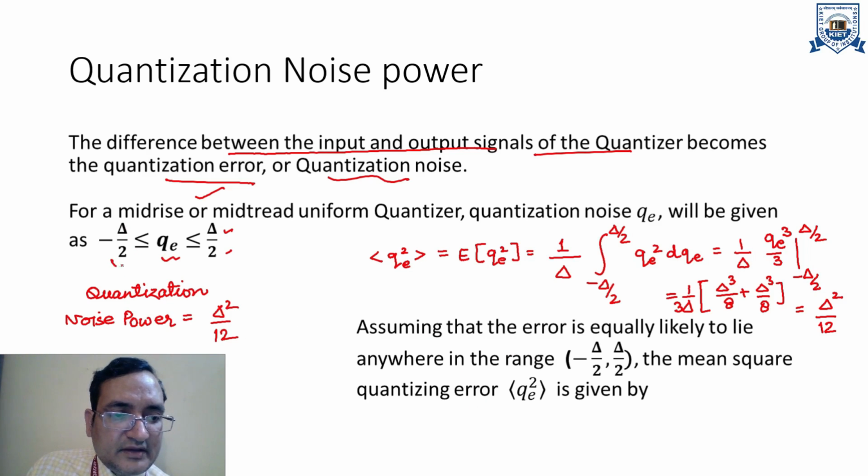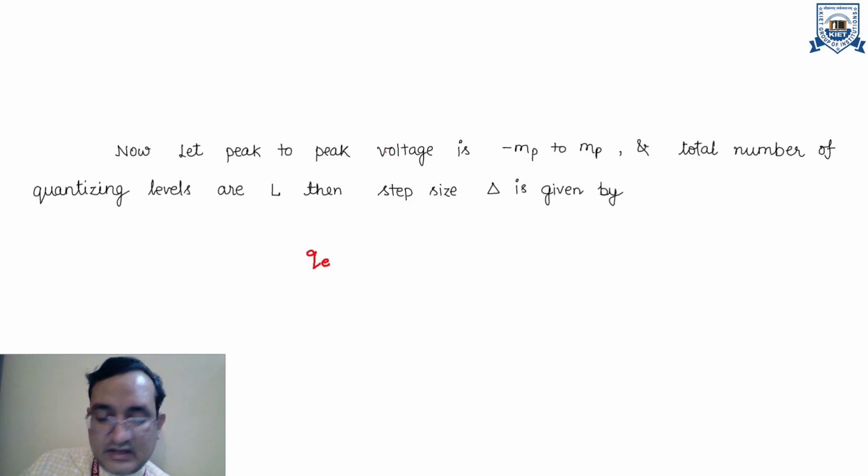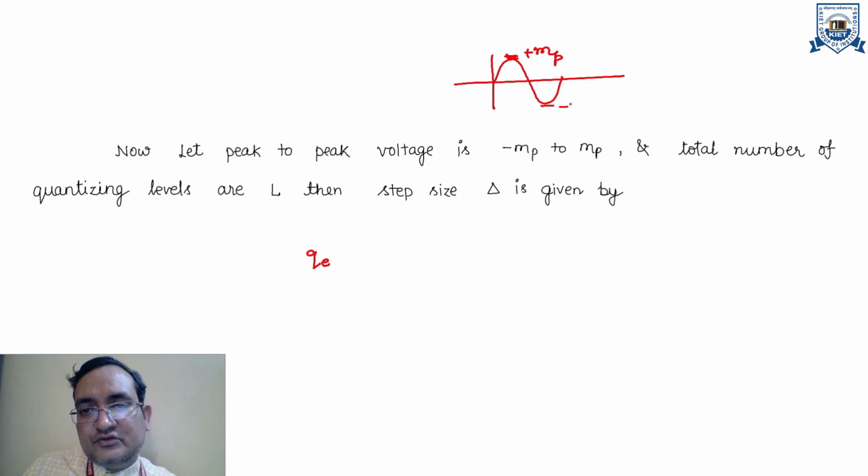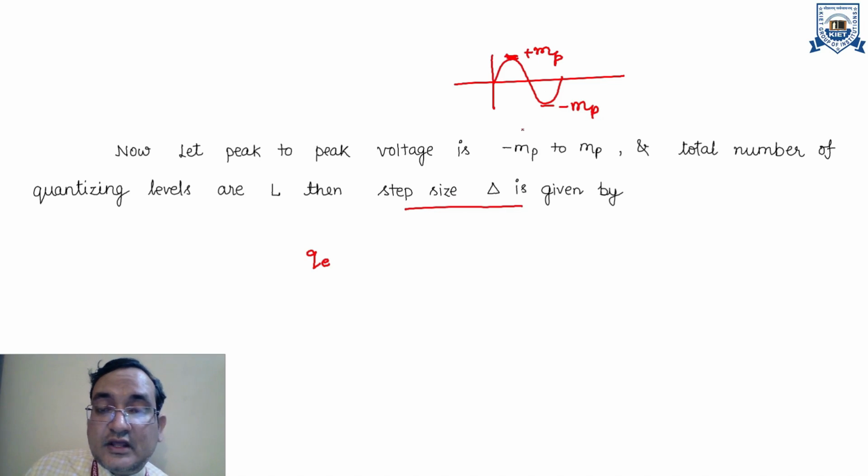Now if your peak value of the signal, as you are having an analog signal, and let us suppose the peak value is minus of MP. For example, this one is plus of MP and the negative value is minus of MP. Then if I have a step size of delta, then how many step sizes? Let us suppose these are L, that means these are the quantization levels.